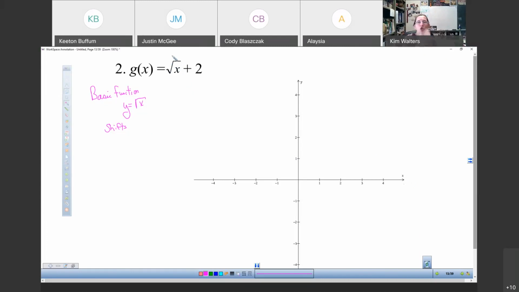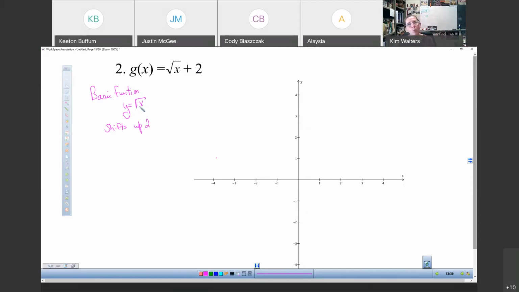And so I'm changing what comes out. I'm not changing the x, I'm changing what's produced, which is my y value. And so that's why it's only a movement on the y-axis. And here, it's going to tell me exactly where it moves. So it is going to shift up, and it's going to shift 2 units up.